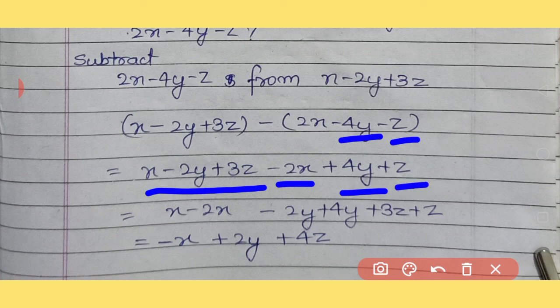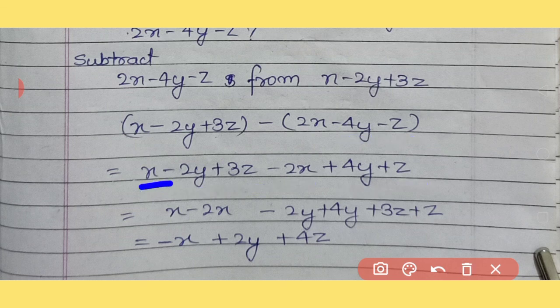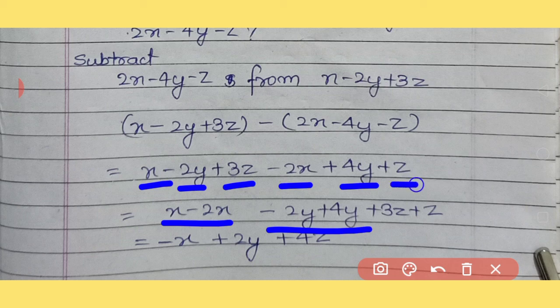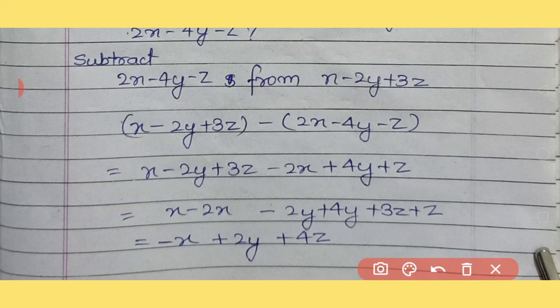So here we will put together the like terms. x and 2 minus 2x, x minus 2x, minus 2y plus 4y, plus 3z plus z. So minus 2x will subtract x. Whenever no number is given before the variable, then 1 is present.